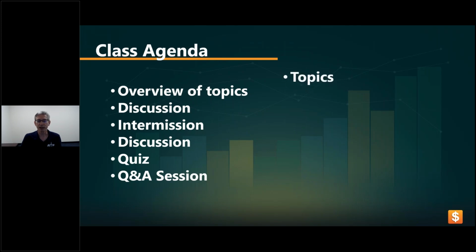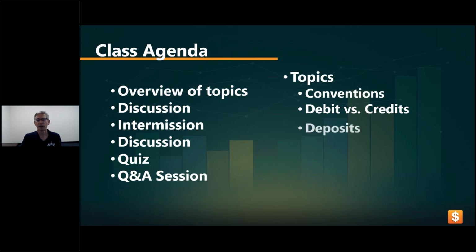All right, so the topics that we plan to cover today. First of all, we'll be talking about some transaction conventions, just some rules that apply across the board. Then we'll look at our debits versus credits table, to try to bring some understanding of how debits and credits applied to transactions work. Then we'll talk about deposits.